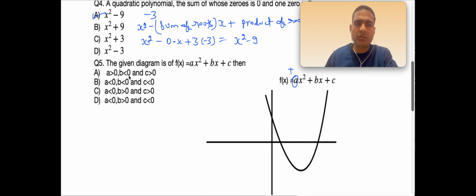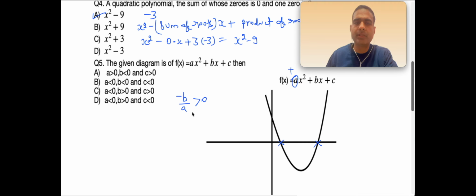Now we have to find out the sign of b. The zeros of this polynomial are the points where the parabola is crossing the x-axis, and we see both the zeros are on the positive side of the x-axis. It means the sum of the zeros will be positive. The sum of the roots is given by minus b by a.